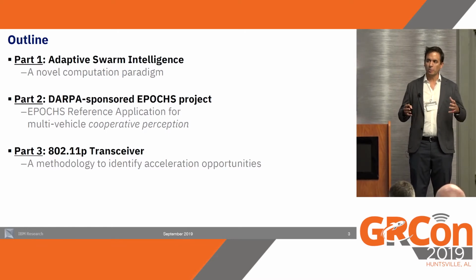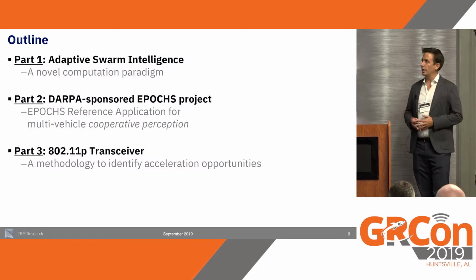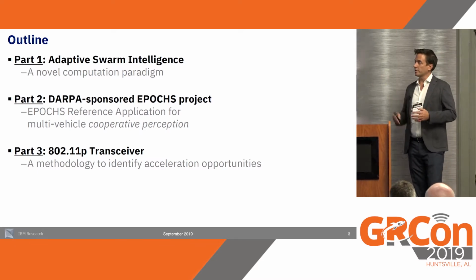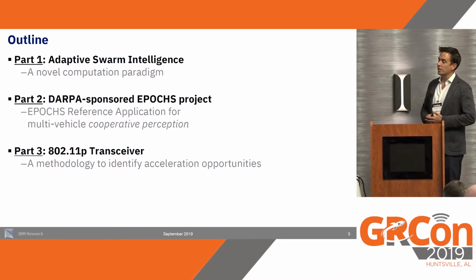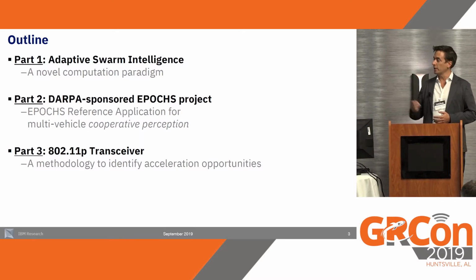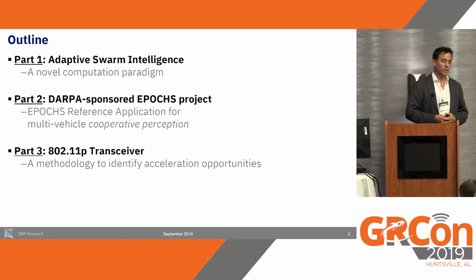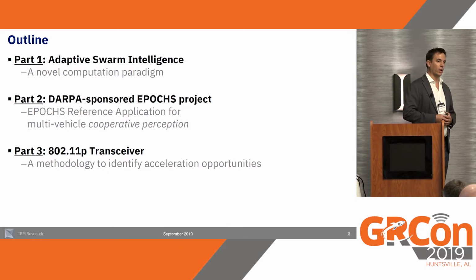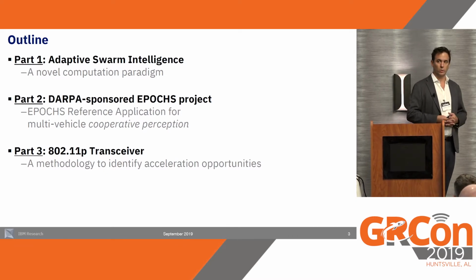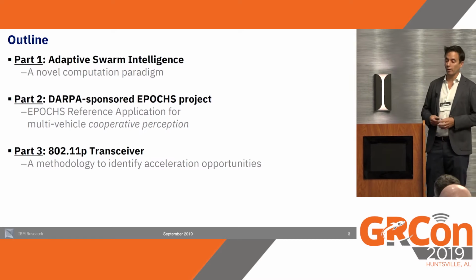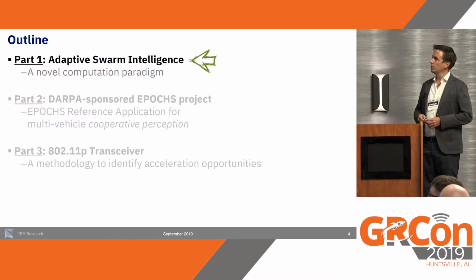We have developed under that project an application for connected autonomous cars, and as a result, I will focus on one specific piece of that application, which is an 802.11p transceiver using GNU Radio, and some performance optimizations and exploration that we have done of that specific piece of the code.